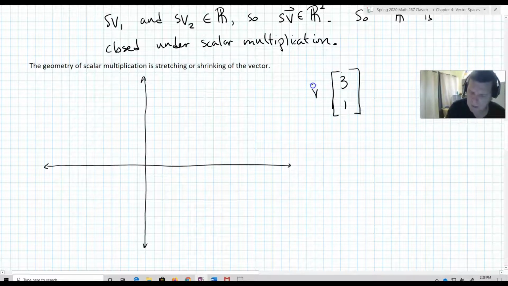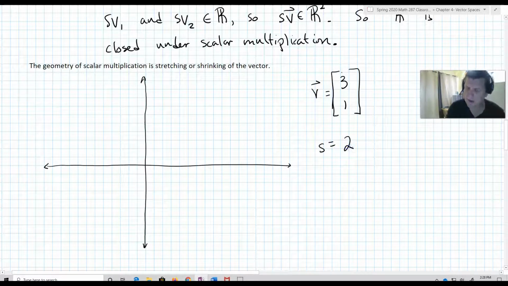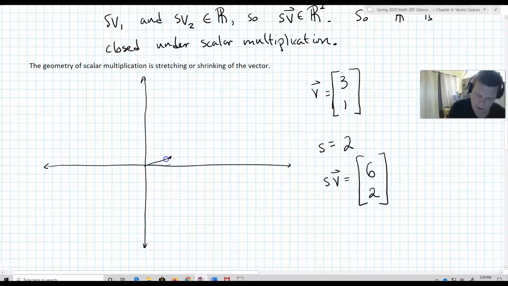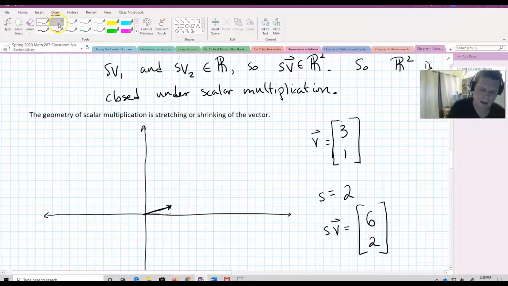Okay, that's v. And s will equal 2, so we'll double it. So sv is going to equal (6, 2). So we'll start with (3, 1): 1, 2, 3, 1. And then we're going to go out to (6, 2): 1, 2, 3, 4, 5, 6, up 2.